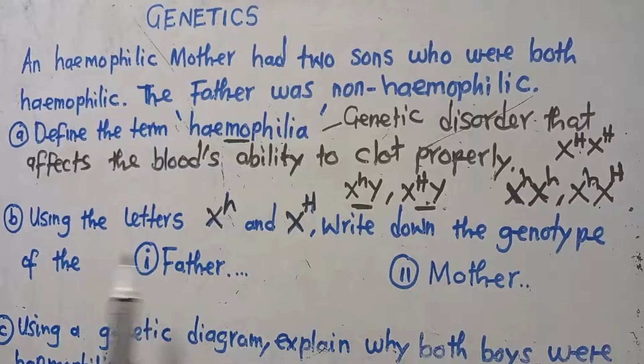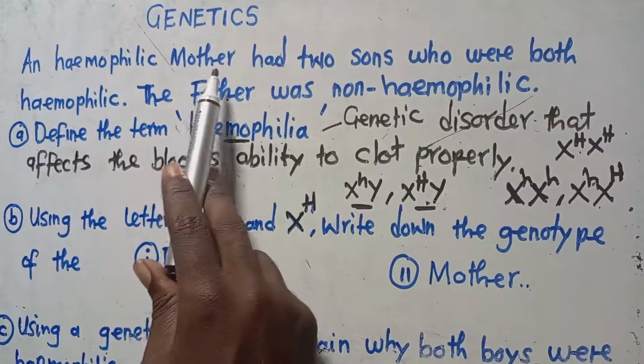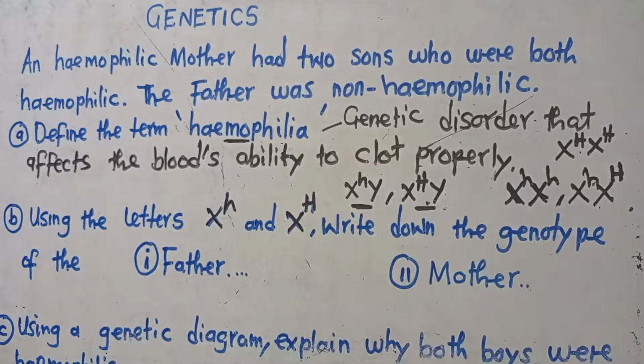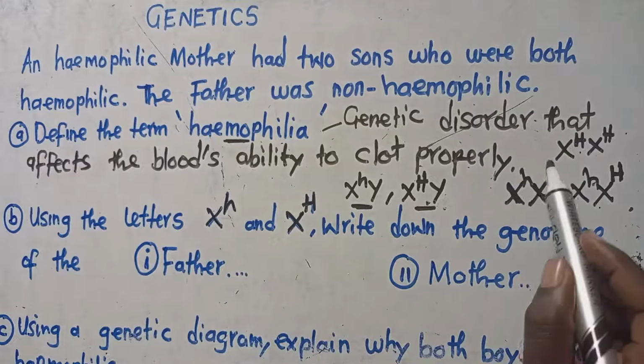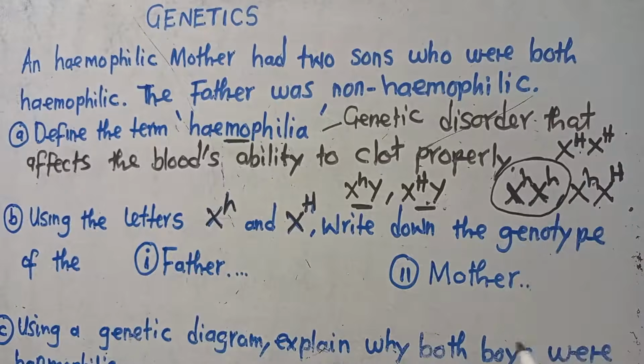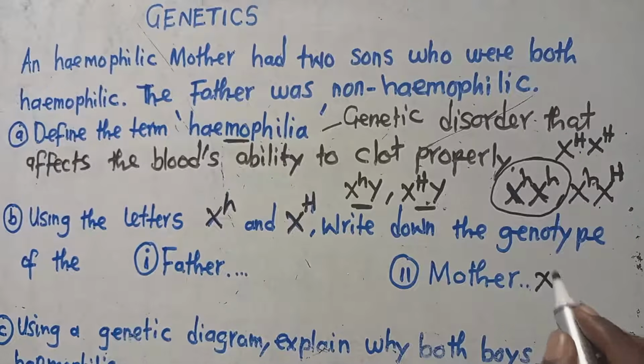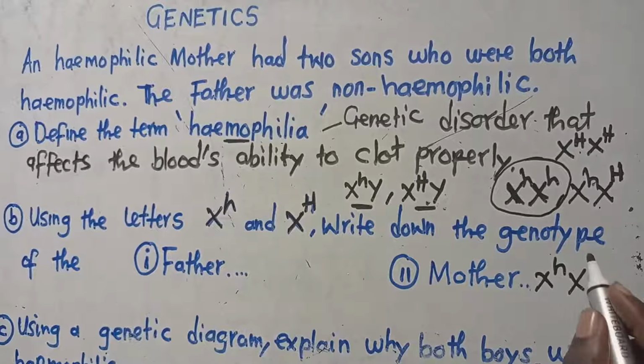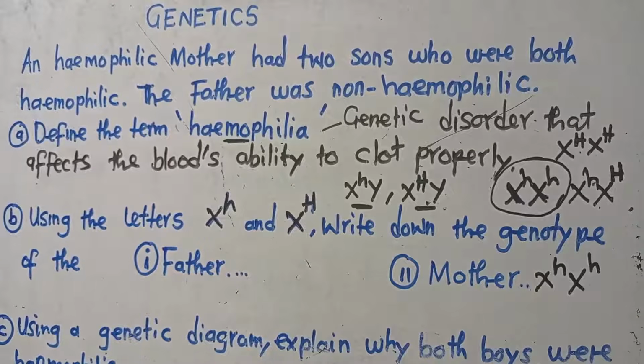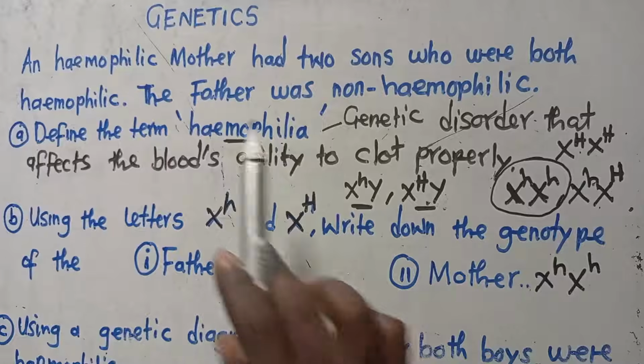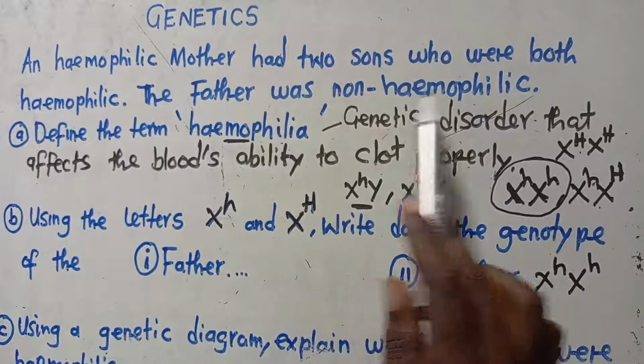So in this case, the question is telling us about an hemophilic mother. The moment you hear an hemophilic mother, this person has the disease, meaning she has the recessive alleles, so I write them like this. And when I go to the father, the question says that the father was non-hemophilic.